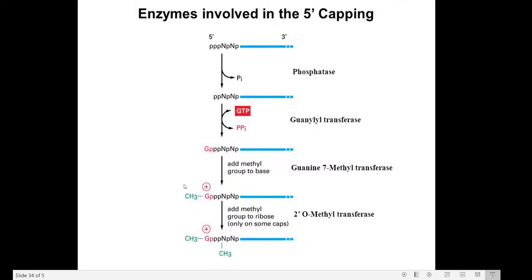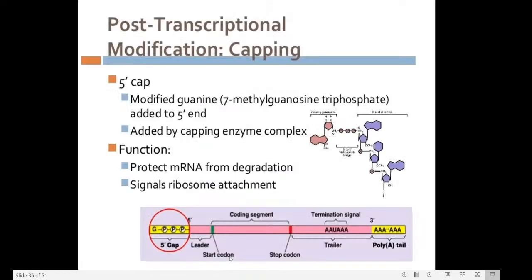This is the methyl, CH3, addition to the G. Then the methyl transferase caps it. You can see again I had the 2'-O methyl transferase that makes a cap. Here you can see you added the methyl.